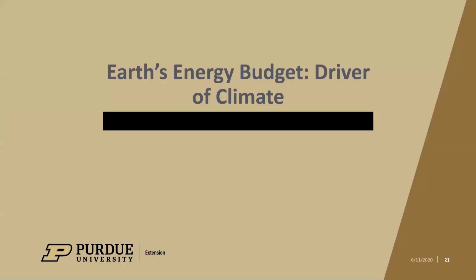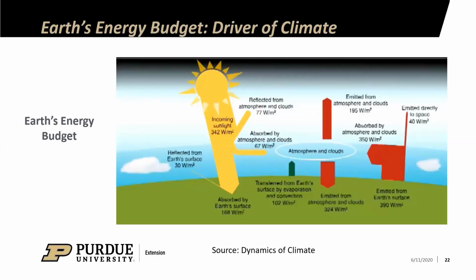Now, if we look at the energy budget as a whole, stepping back, not just from carbon, but going back towards the idea of the greenhouse effect, you see here we've got reflection and emission, and it all begins with incoming sunlight. And a majority of that incoming sunlight in this particular scenario is going to make it to the Earth's surface and be absorbed or reflected from the Earth's surface. It could also be reflected by the atmosphere and clouds or absorbed by the atmosphere and clouds.